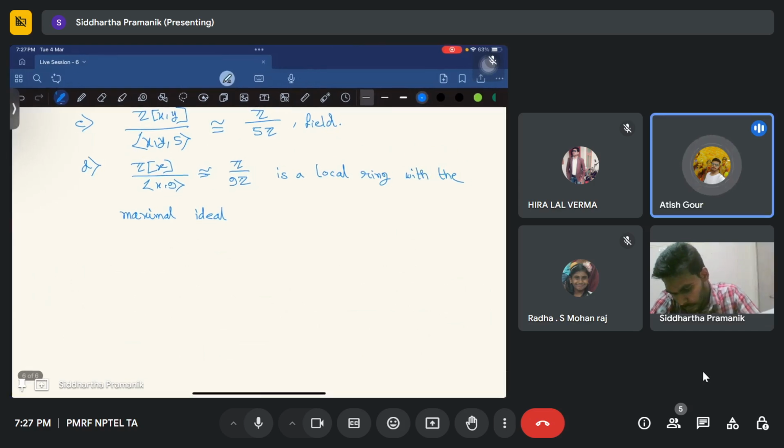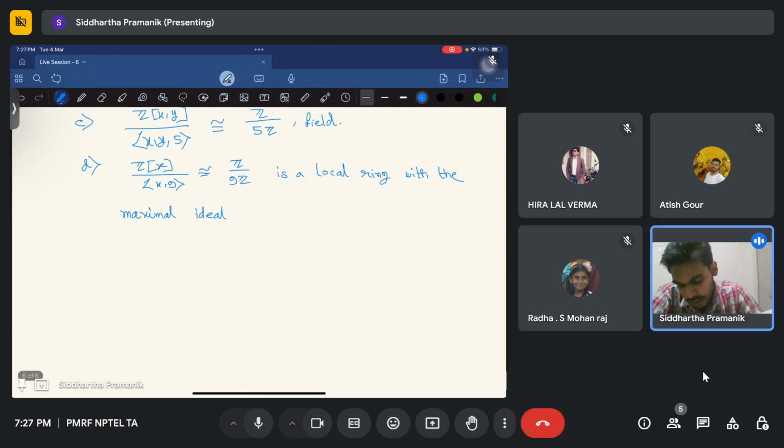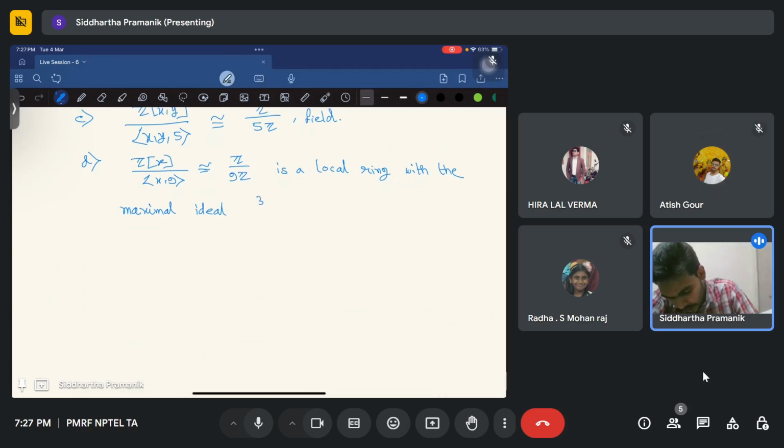Not possible, I suppose. Only 3Z and Z. And 3Z is a maximal ideal. So here the maximal ideal is 3Z mod 9Z.